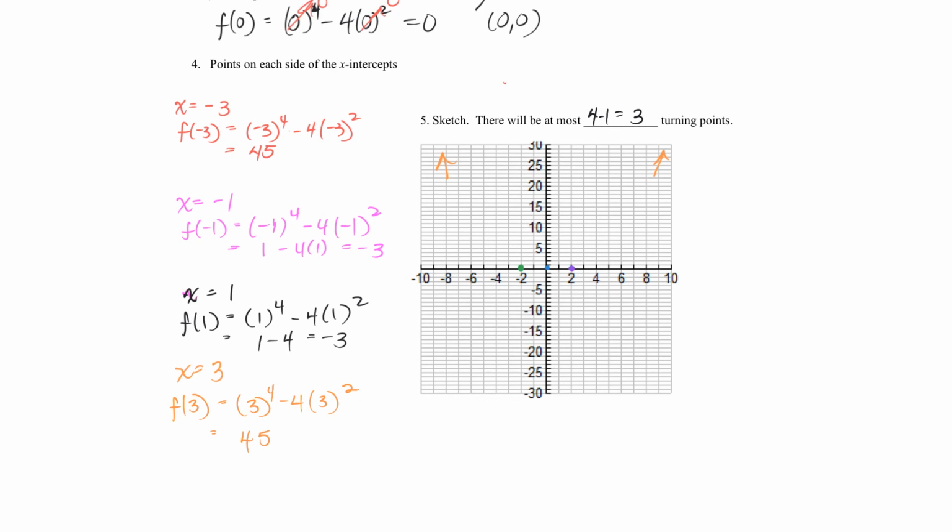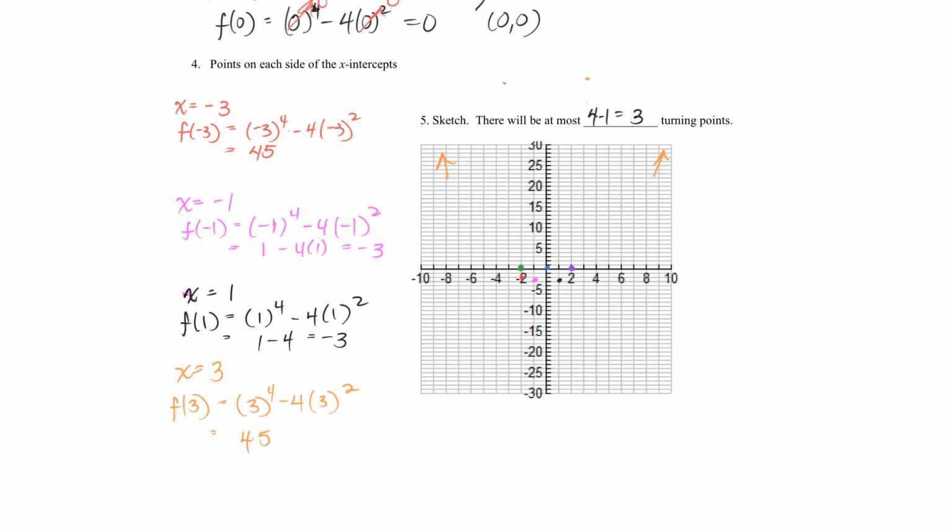I have (negative 1, negative 3), right there. I have (positive 1, negative 3). And I have (3, 45) up here, right? Somewhere up here. And so now I can go ahead and sketch in the graph of my curve.